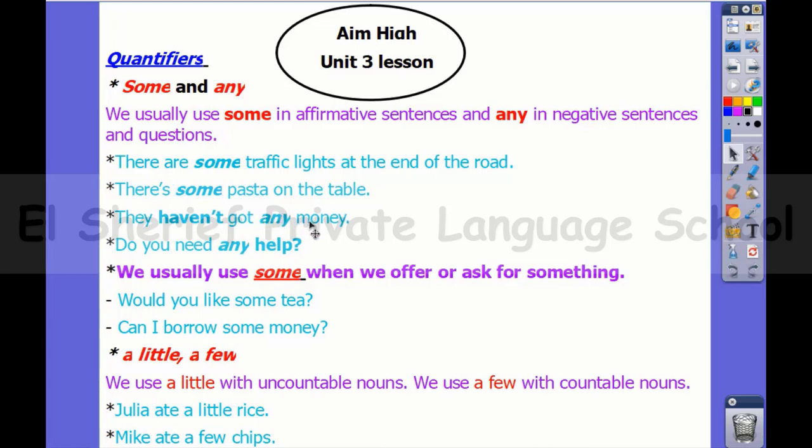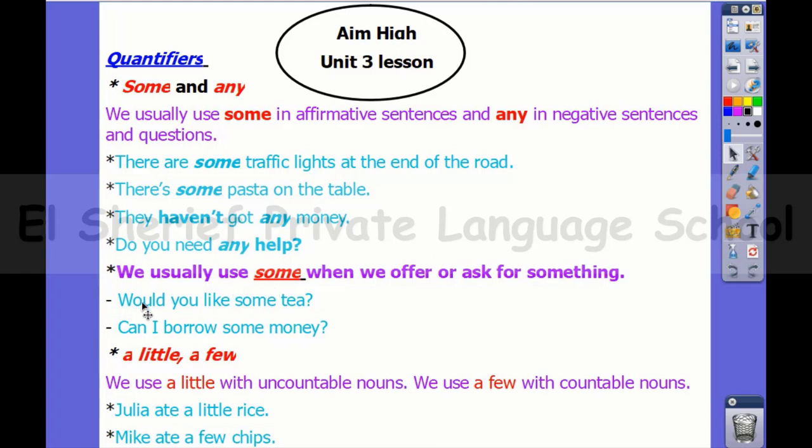A question: do you need any help? Okay, this is a question. So we usually use some when we offer or ask for something. So there is that case when we use some in questions, when offering or requesting something.